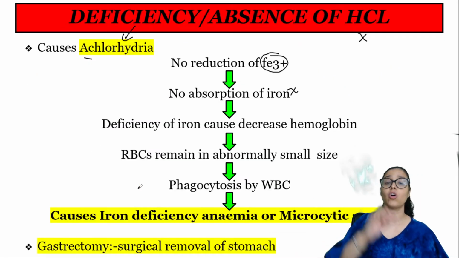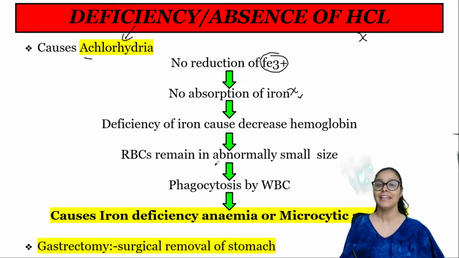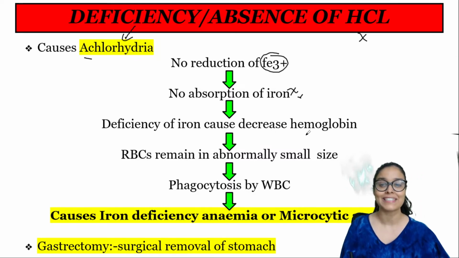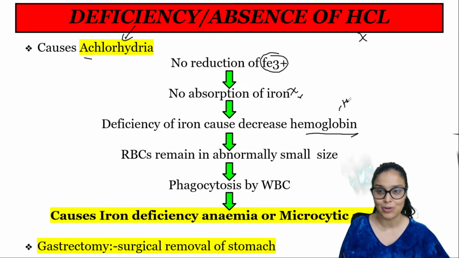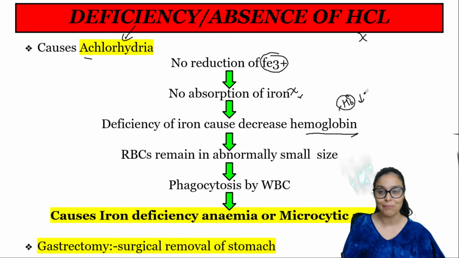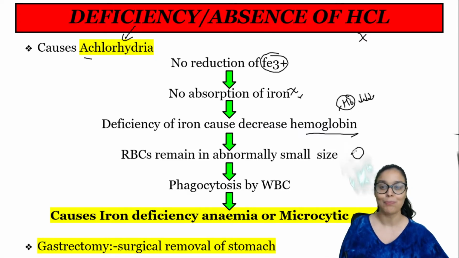As it is not converted, there is no absorption of iron, and iron deficiency causes decreased hemoglobin. We know that iron forms hemoglobin, so obviously there will be a low amount of hemoglobin in the body, and RBCs contain hemoglobin.